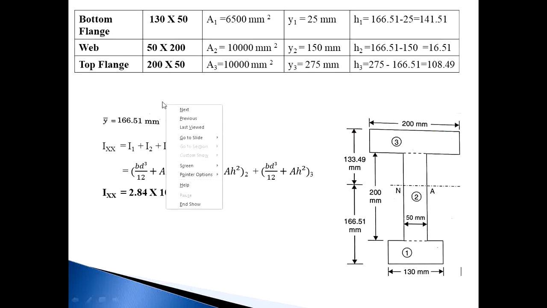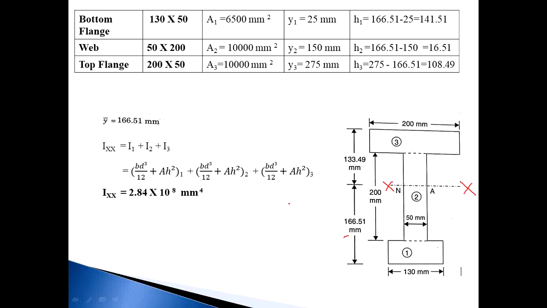Then next we want to calculate the moment of inertia. So tabulate all values, that is, the bottom flange dimension is 130 by 50, A1 is 6500, Y1 becomes 25. All the values for the web and top flange are mentioned in this table. So y bar equal to 166.51 is mentioned here. Then Ixx, I want the moment of inertia about this x axis.